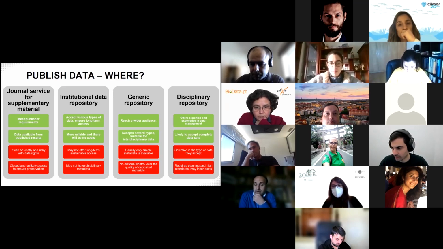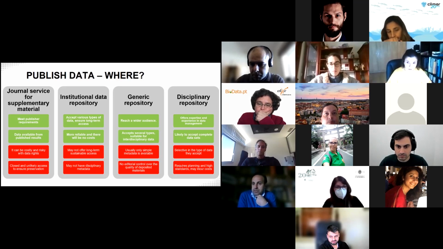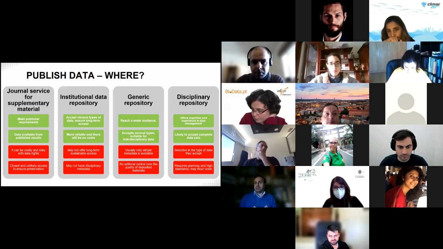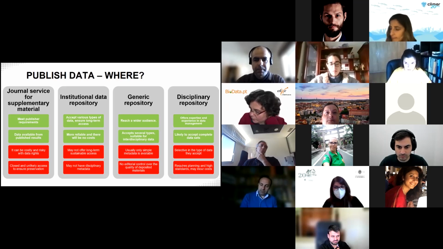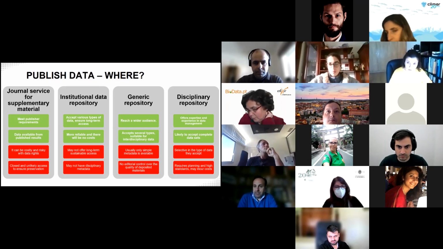And there are disciplinary repositories that of course are the natural place to put some data, have more detail in terms of metadata, and offer expertise and experience in data curation. Usually they accept complete data sets or specific data sets from specific instruments or fields, etc. But usually there are some limitations in terms of the type of data that is accepted.